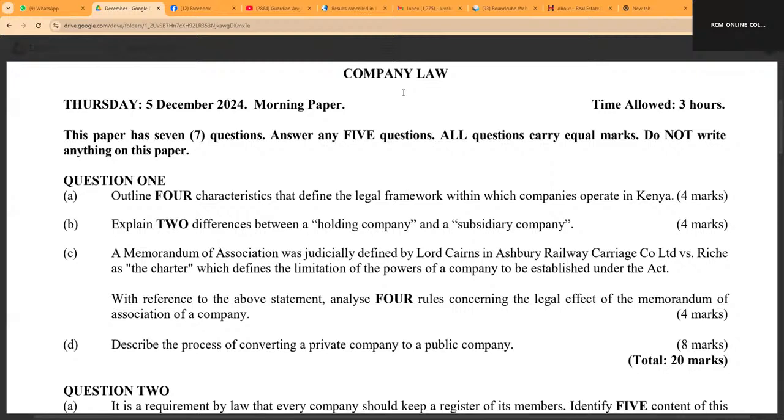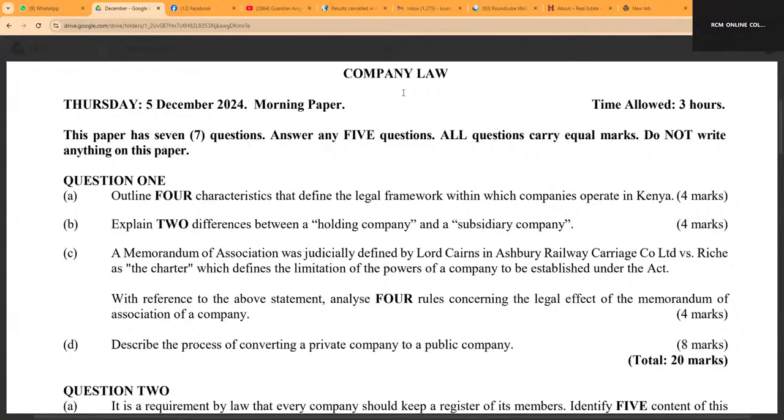When you talk about a holding company, one of the differences is that a holding company is a company that has an ownership stake or a shareholding in another company.